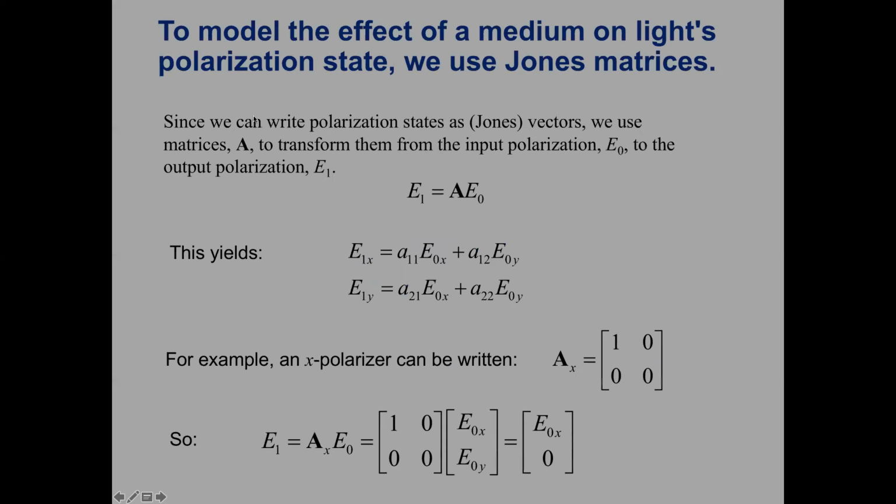Let's try this. This is our last day on material about polarization. This is going to be somewhat more mathematical than the past two classes because we're going to talk about how we can represent polarization with matrices.